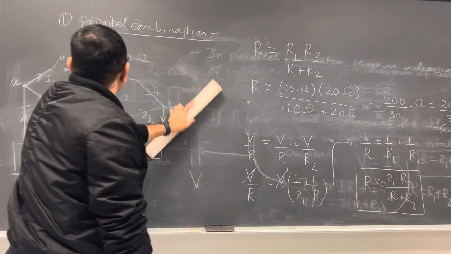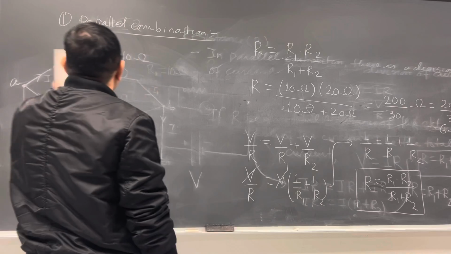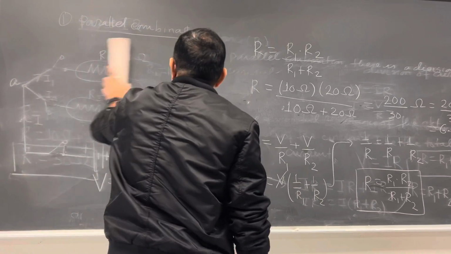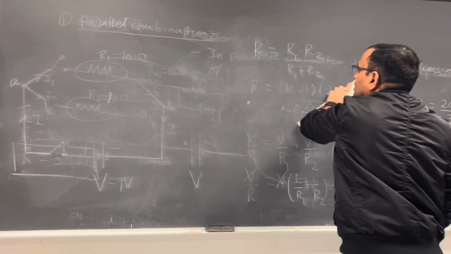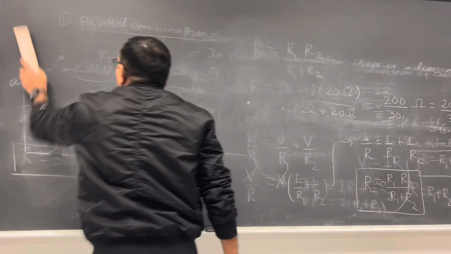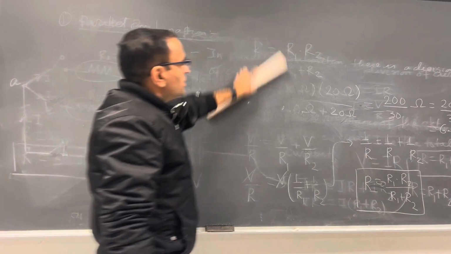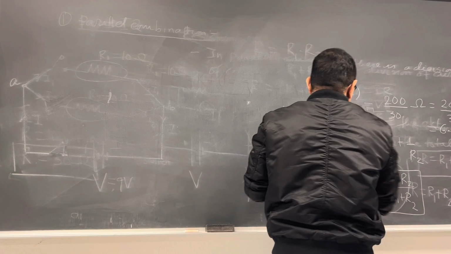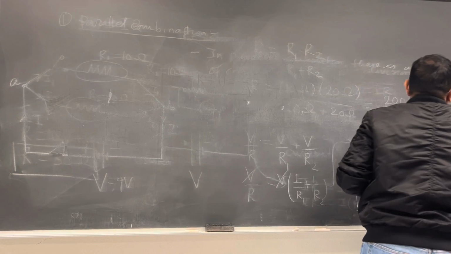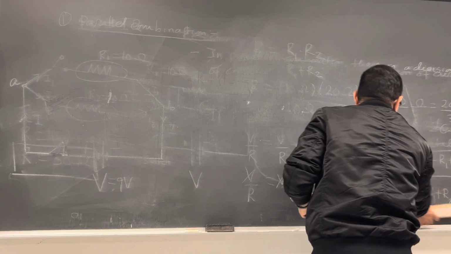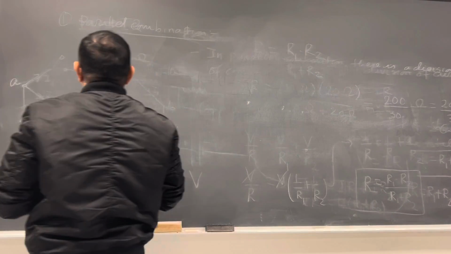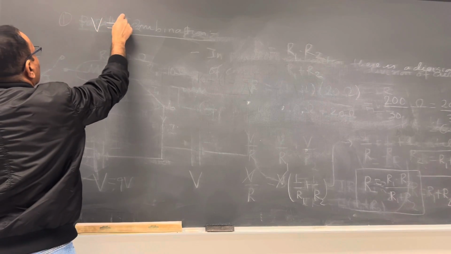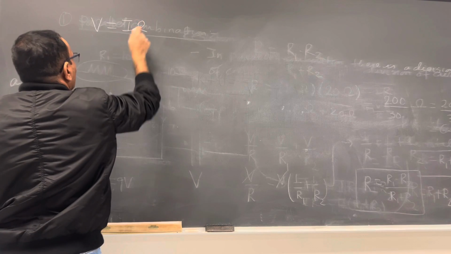Okay. So this is the series and parallel combination of the resistors. So mainly you have to memorize certain formulas here, okay, to solve the numerical problems. The important formulas are: V equal to IR, which is Ohm's law.